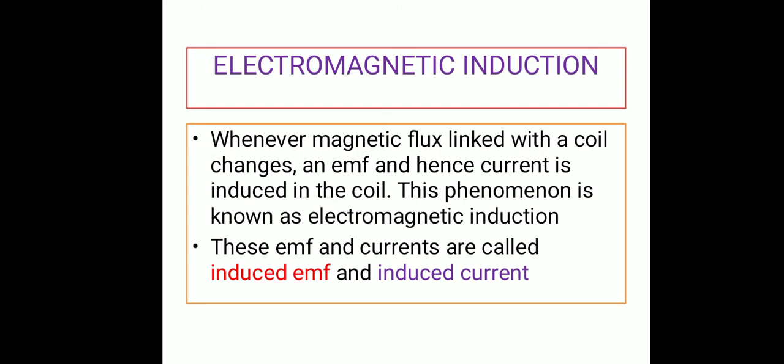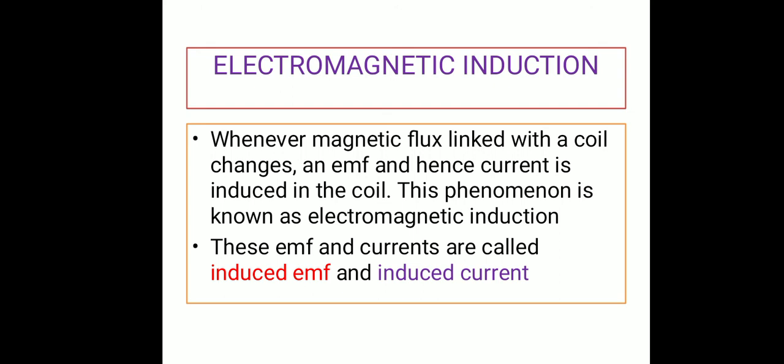To change the magnetic flux linked with the coil, we have to do work to cause the relative motion between the magnet and the coil. So it is this work, the mechanical energy, that is converted into electrical energy. Hence the law of conservation of energy is also proved here.